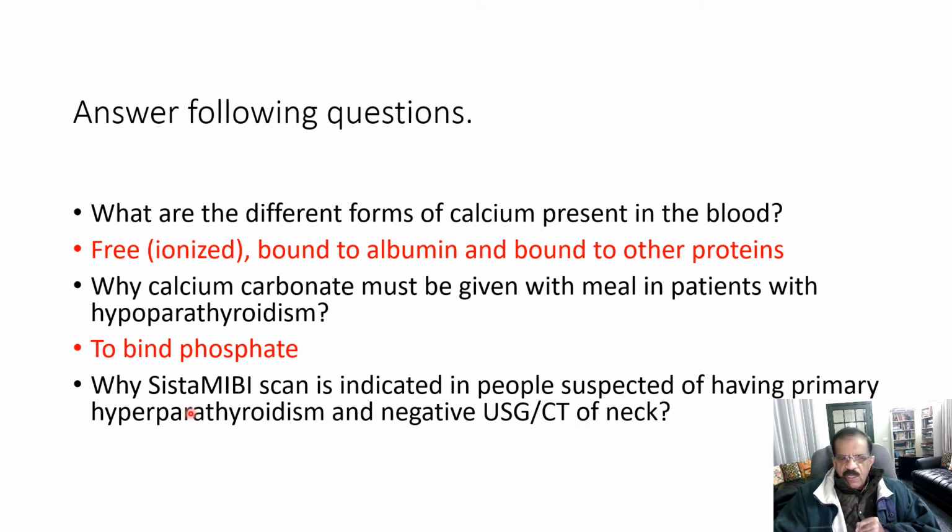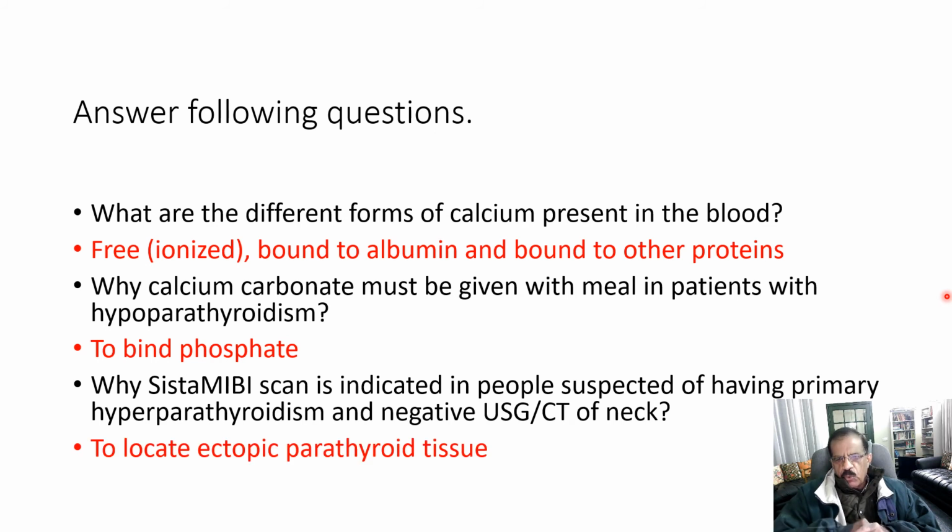So how do we determine the presence of parathyroid tissue other than in this normal position? That is with the sestamibi scan, because it will pick up any parathyroid tissue in the mediastinum or anywhere else in the body. If the parathyroid gland is present somewhere else, then the tumor will also arise from that tissue, and the tumor will also be in some other place.